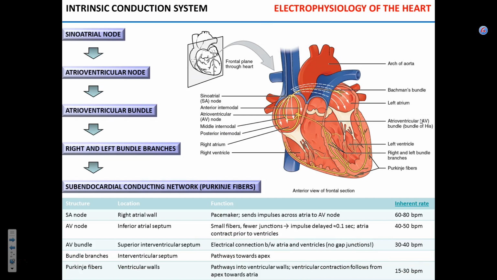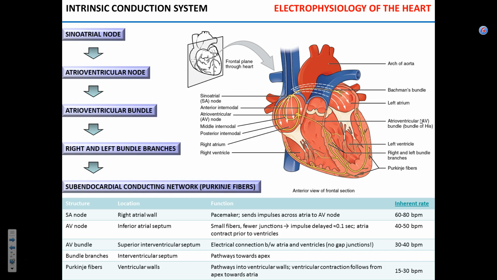Cool. So this is the intrinsic conduction system of the heart. And we will discuss this in conjunction with some clinical aspects related to the electrocardiogram, or EKG.